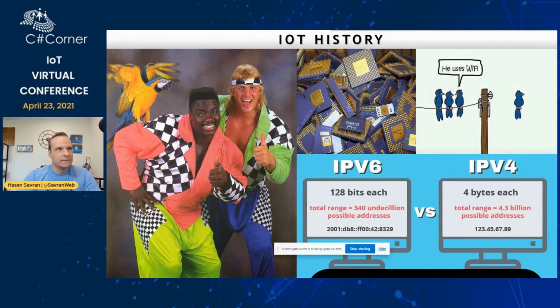The chips were expensive, and in the 2010s they started to go low, and we were able to use them in small boards. The second was the connections. Wi-Fi did not really exist in the 80s and 90s, so we had to wait for Wi-Fi to become a common connection type, which was in the 2010s.